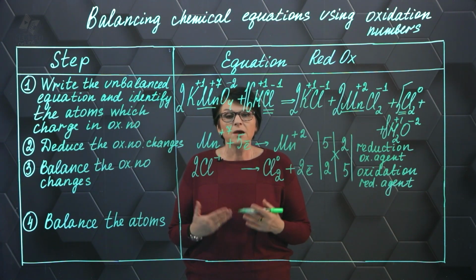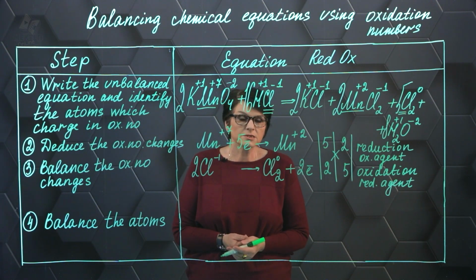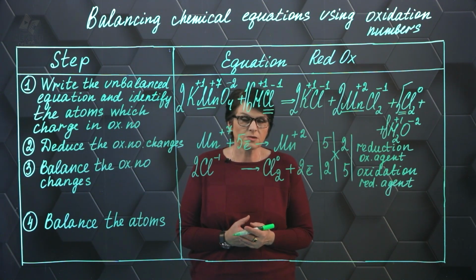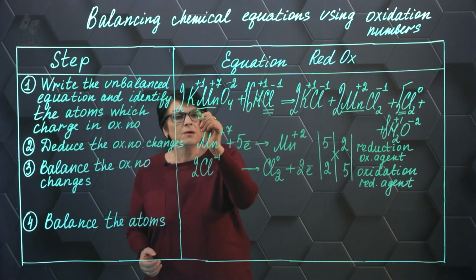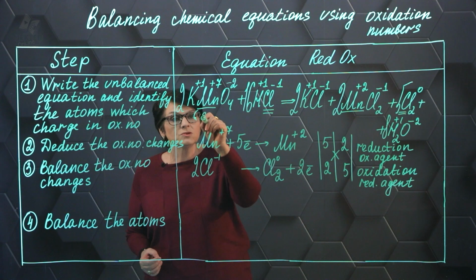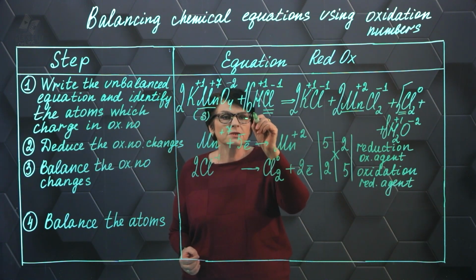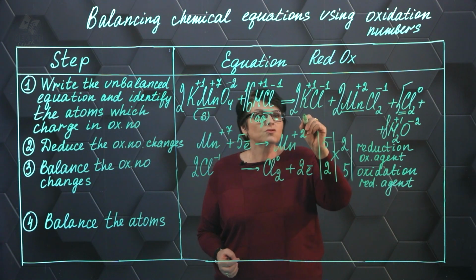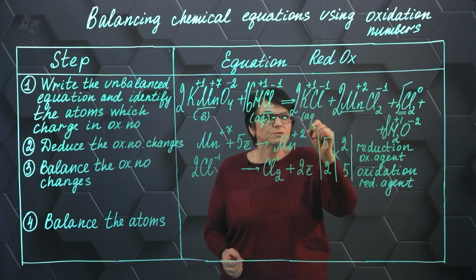However, it's important to note that in such equations, the state of each substance is indicated. In this case, we can consider potassium permanganate as a solid. Hydrochloric acid is a solution. Potassium chloride would then be taken as a solution.